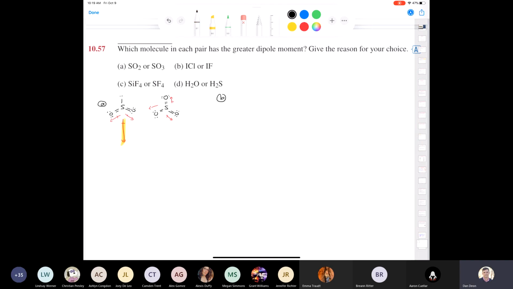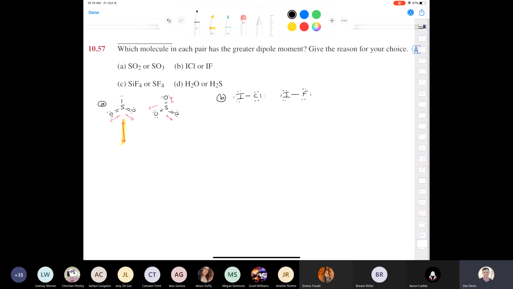In B, I have iodine chloride, and I have iodine fluoride. We don't even have to look up the electronegativity values for these. We can just look at the trends. We know that electronegativity decreases going down a group.